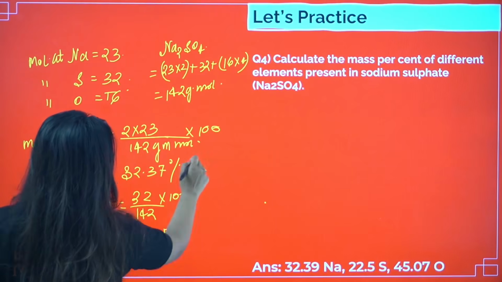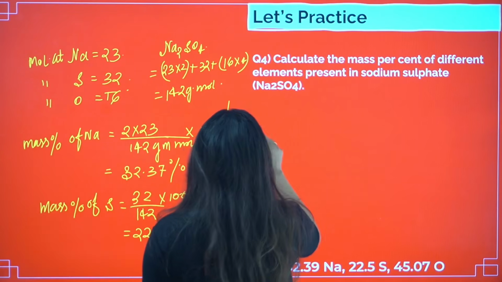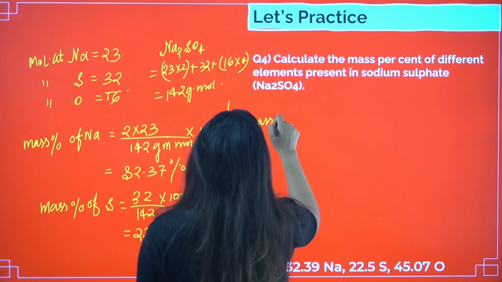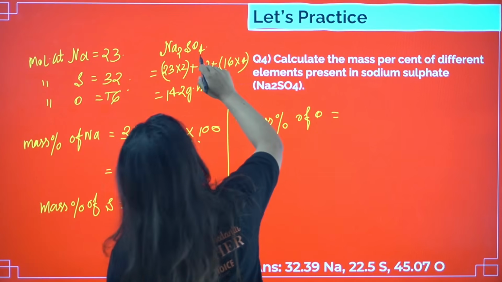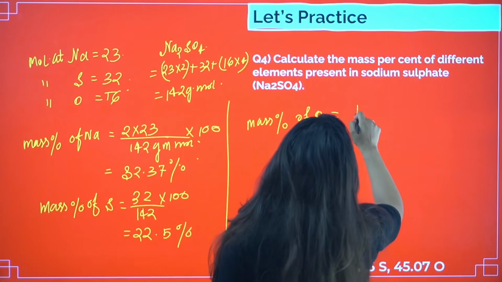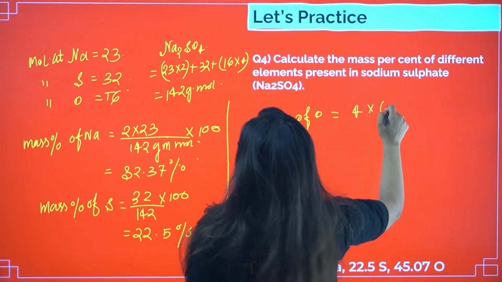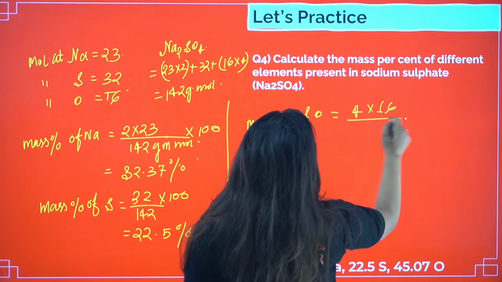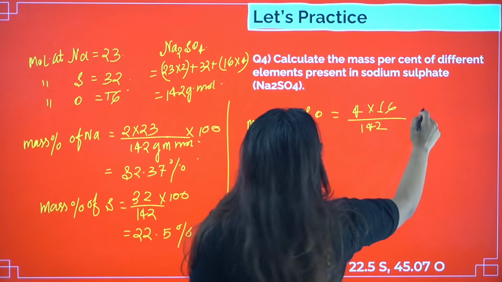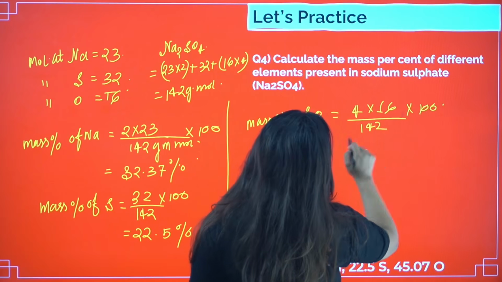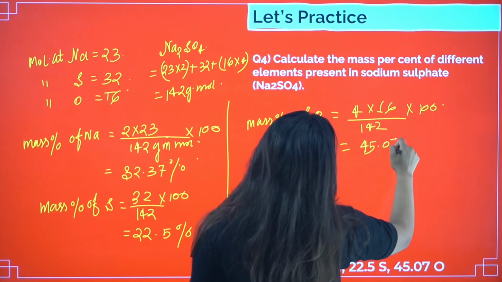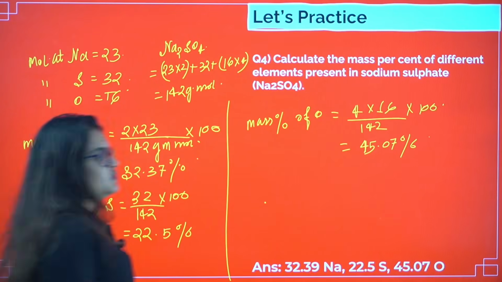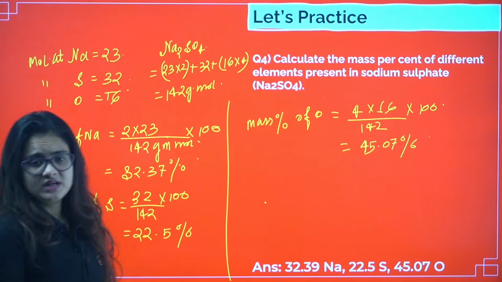Next, if you calculate the mass percentage of oxygen, how many oxygens are there? 4 oxygens, right? So 4 into 16 divided by 142 into 100. You will get 45.07 almost this percentage. So this is how you should target this type of question.